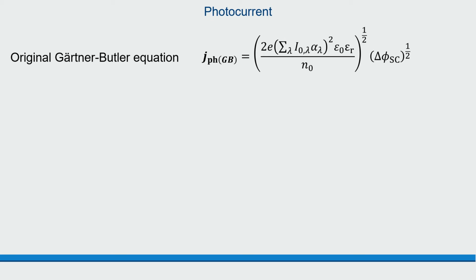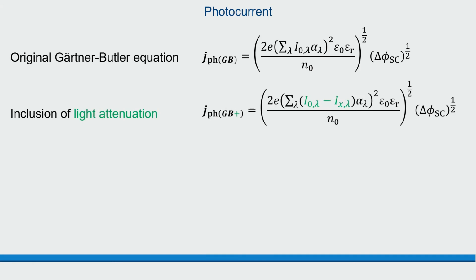Now, in the original formulation, this equation was for monochromatic light, but it's possible to apply it to white light by taking the spectrally resolved value of the product of the absorption coefficient and incoming light intensity measured at each wavelength. And so that's what's shown here.